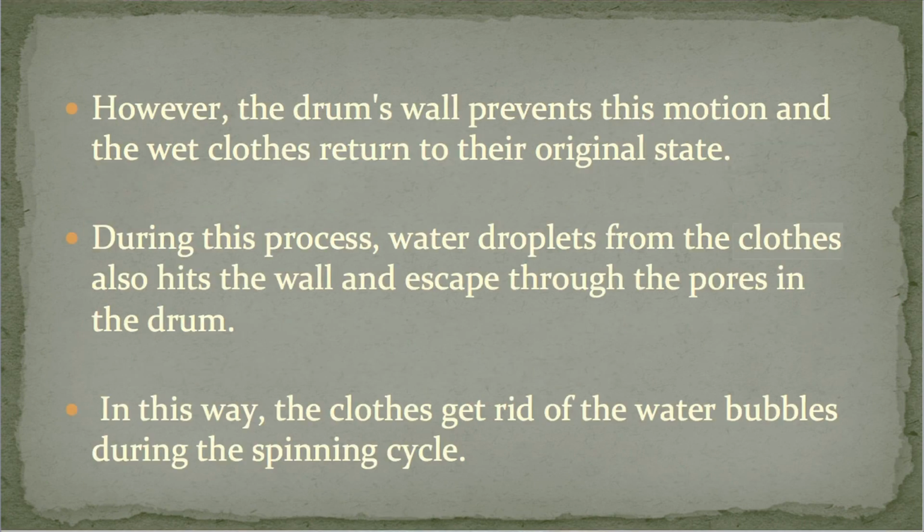However, the drum's wall prevents the motion and the wet clothes return to their original state. During this process, water droplets from the clothes also hit the wall, and they have no restriction but can escape through the pores in the drum. In this way, the clothes get rid of the water during the spinning cycle.